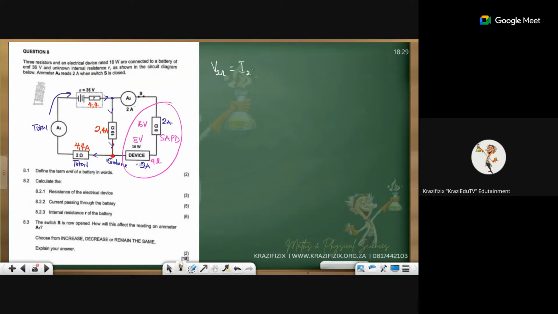Come, let's work together. It's going to be I in the 2 and R in the 2. What is the I in the 2? 4.4 times 2. What would that give us? 8.8 volts. Now, what is the total external voltage? 8.8 plus 24. If you want to see again how I did that, remember we had those parallel, right?